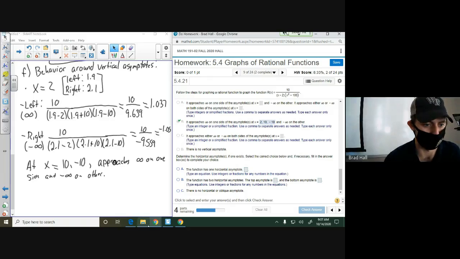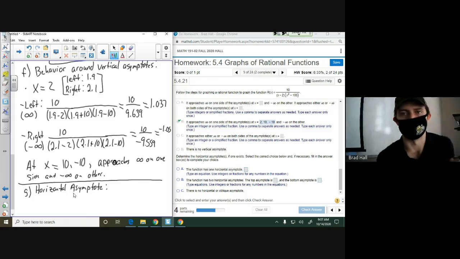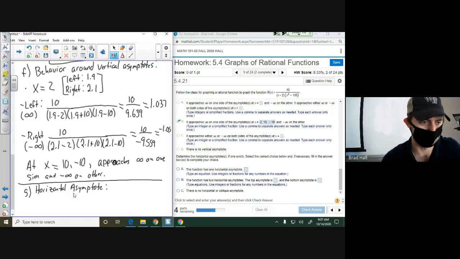So from there, let's go ahead and find the horizontal asymptotes. So remember, this has to do with the degree of the numerator and the denominator.